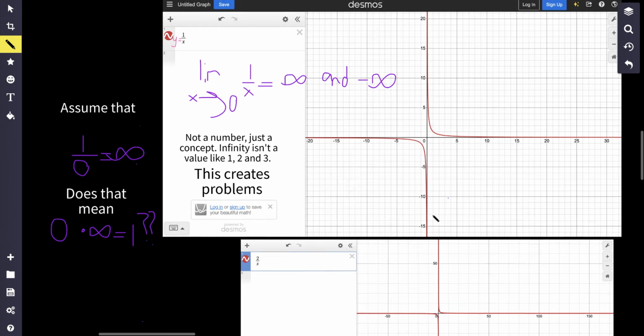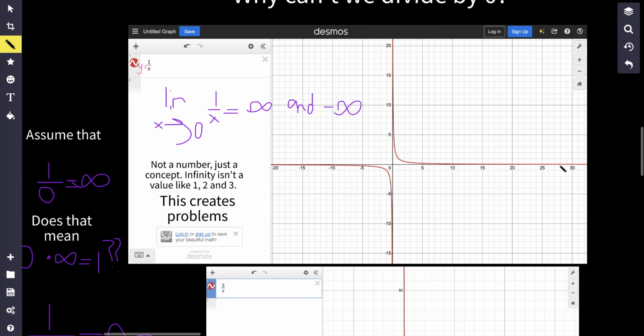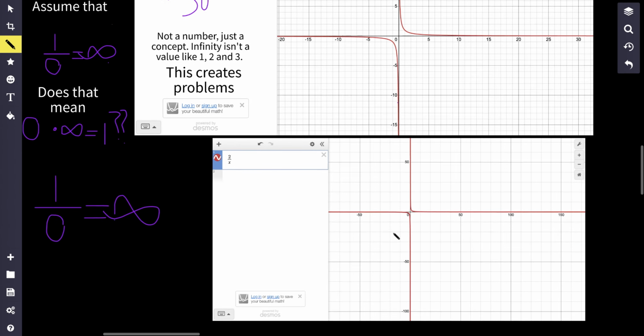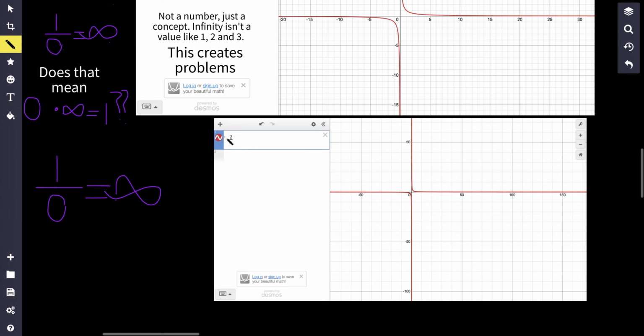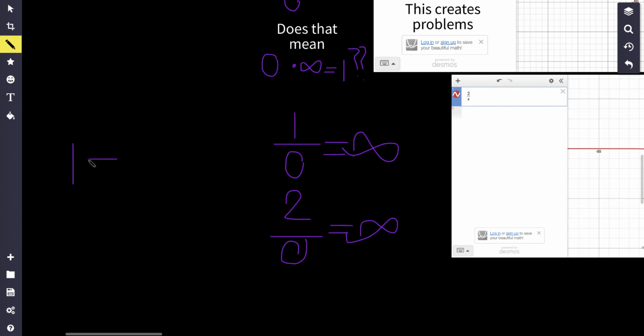Let's just assume that 1 divided by 0 is equal to infinity, because as x approaches 0 from the positive side, it goes towards infinity. Well, the same thing can be said for y is equal to 2 divided by x: as x approaches 0, the y value approaches infinity on the positive side. So that means that 2 divided by 0 has to be equal to infinity. So does this mean that 1 is equal to 2?